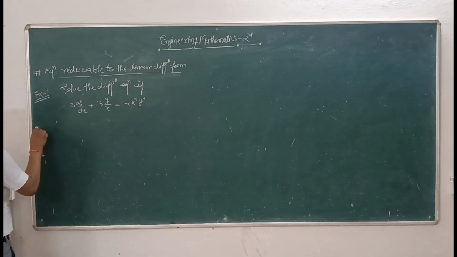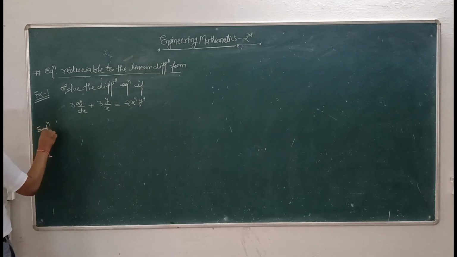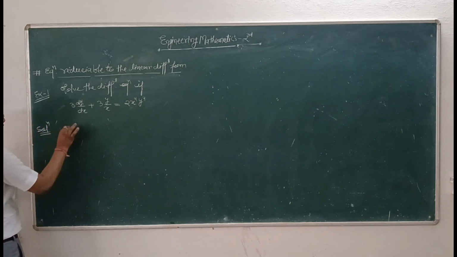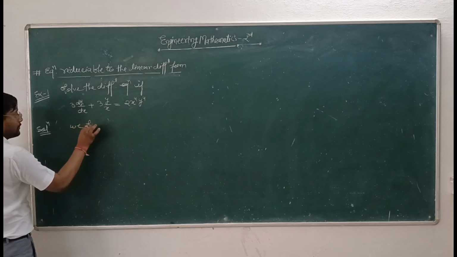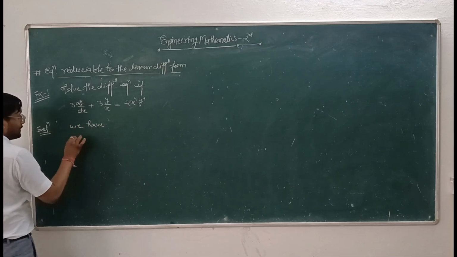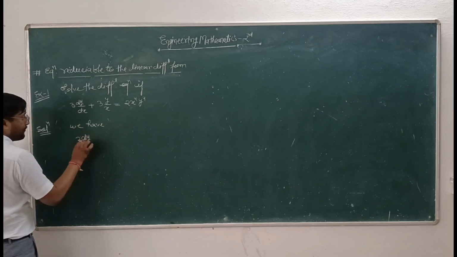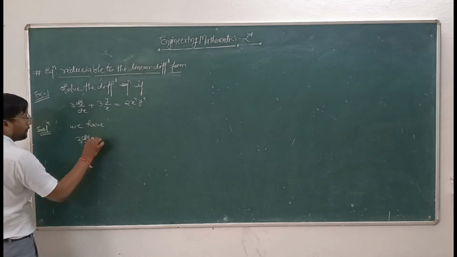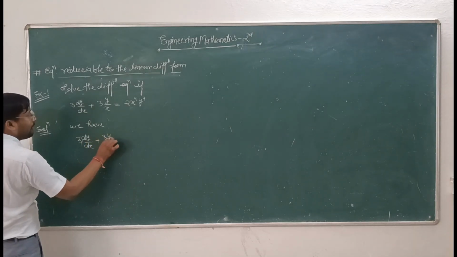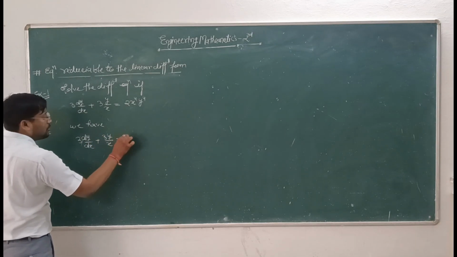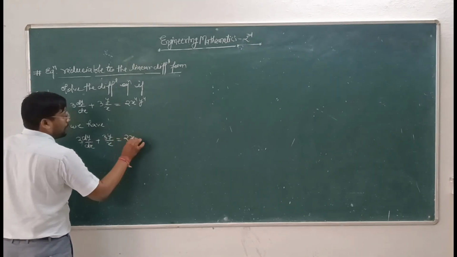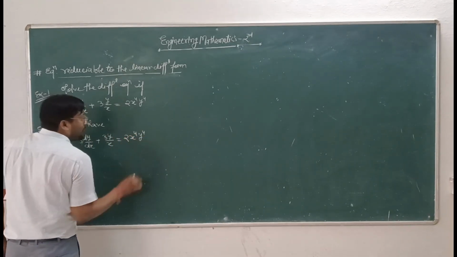Now the solution of this differential equation. First we have 3 dy/dx plus 3y/x is equal to 2x to the power 4 y to the power 4.